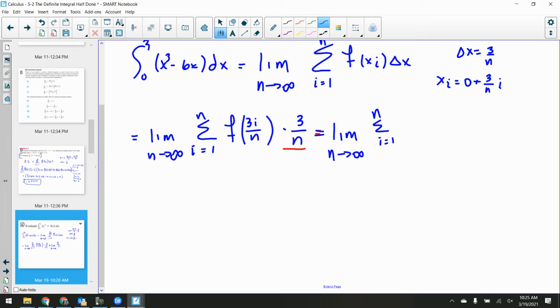So this is going to be 3i over n cubed minus 6 times 3i over n, all times 3 over n. And you know what I'm going to do? I'm going to sneak that 3 over n on the outside.